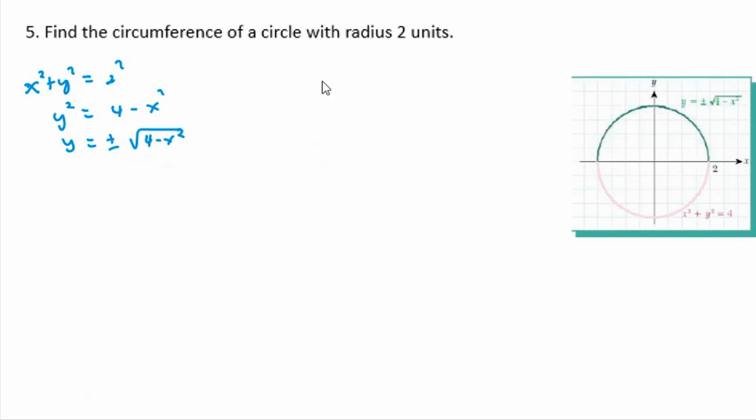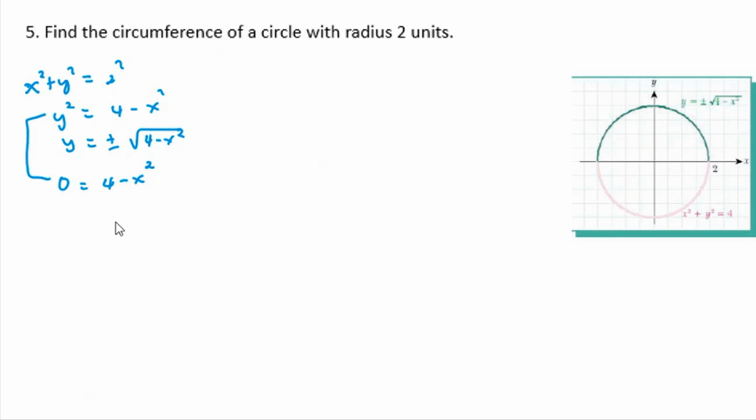So that's it. And then we are going to solve for the intervals. For the interval, we are just going to assume y to be 0, or equate it to 0. So we have 0 equals 4 minus x squared.